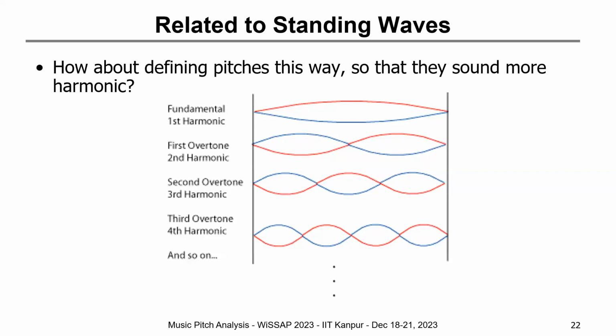That's the fundamental, corresponding to the fundamental frequency. You also have other modes. This one is the second harmonic. The wavelength is the same as the length of the string. But you also have the third harmonic, the fourth harmonic. You can see that when you vibrate the string, it naturally contains those harmonics.